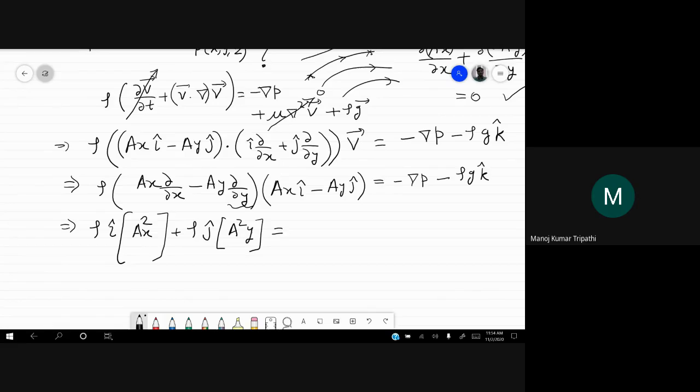This is equal to dou p by dou x I cap, dou p by dou y j cap, minus rho g k cap.